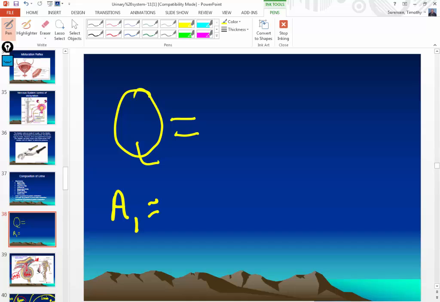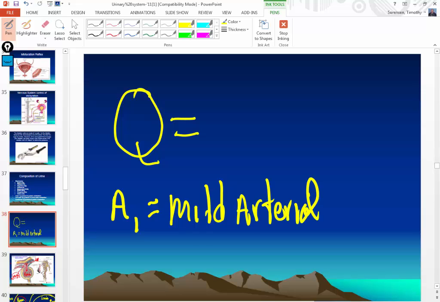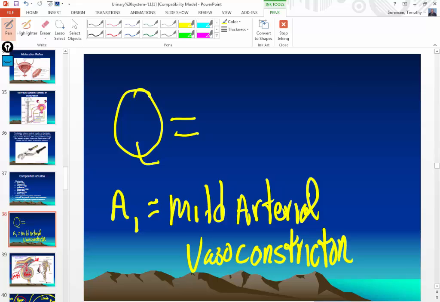Angiotensin 1 is a mild arterial constrictor. And it will take arteries that were like this and constrict them all over.